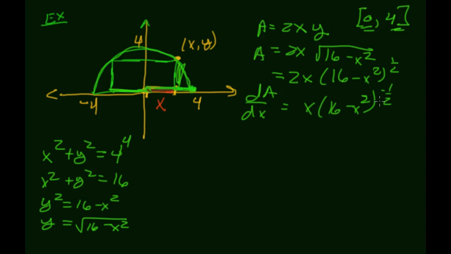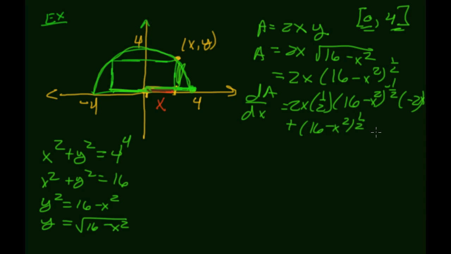Oh, wait, that's not right. Let's be a little more cautious here. So this is first times the derivative of the second, plus second times the derivative of the first, which is 2.